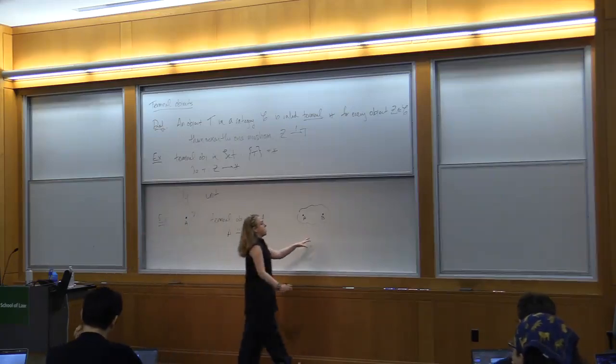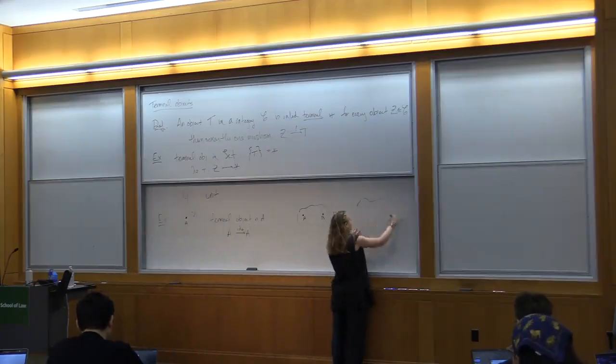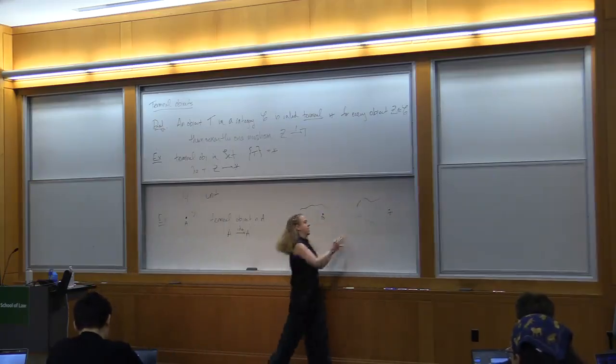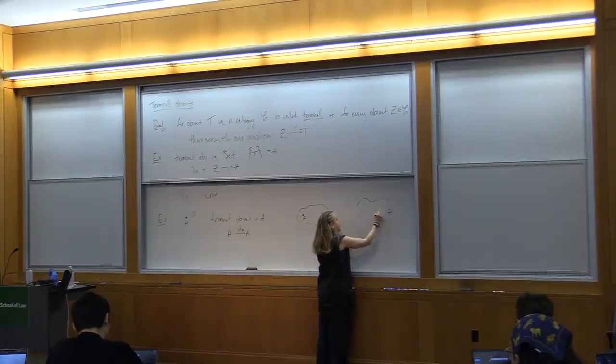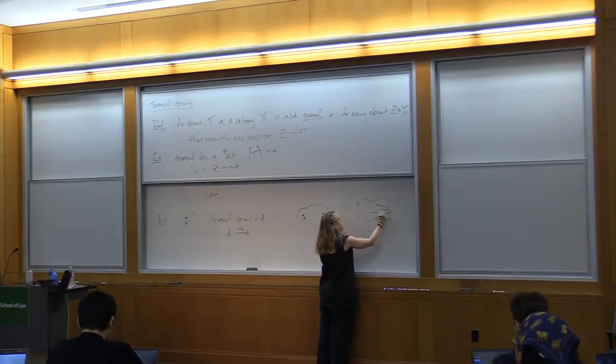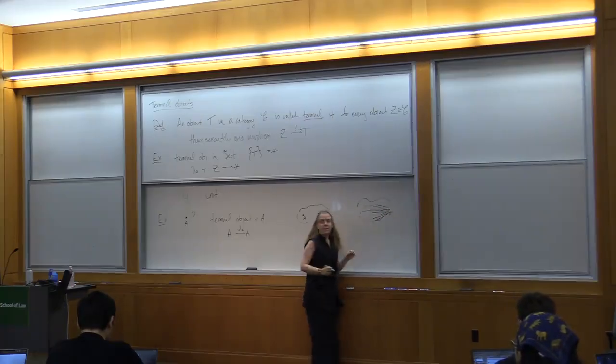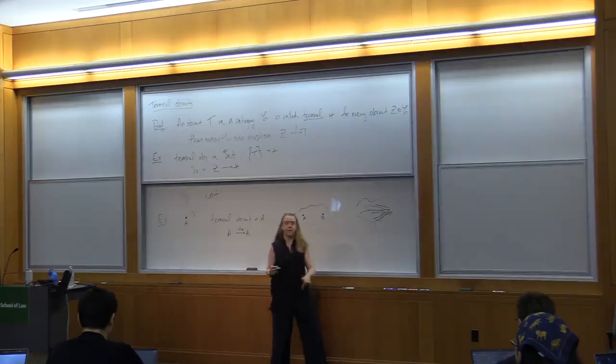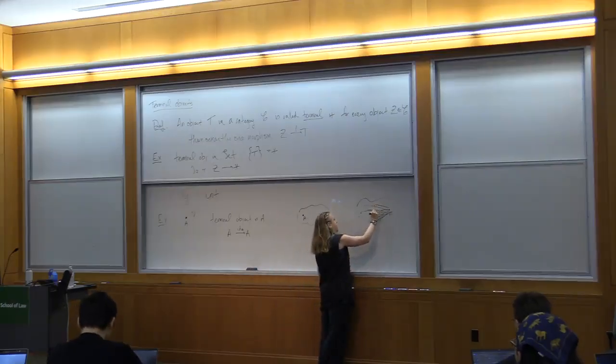If you have a terminal object, let me draw another picture. If you have a terminal object in your category, and a bunch of other objects, then they all have arrows to the terminal object. So all arrows like this.